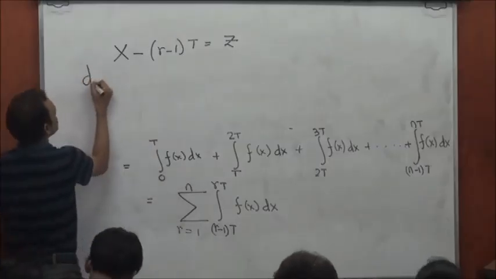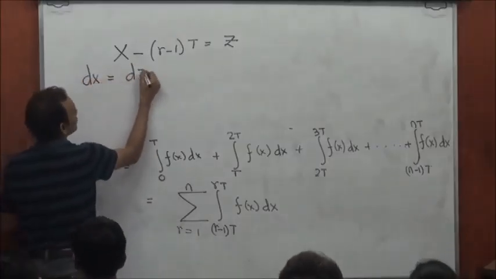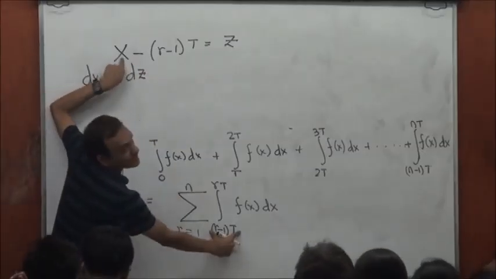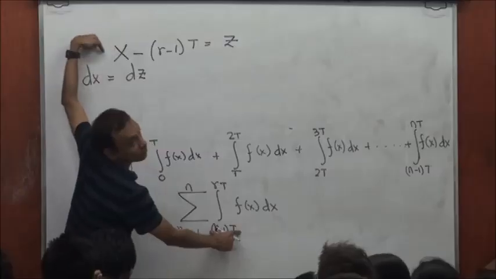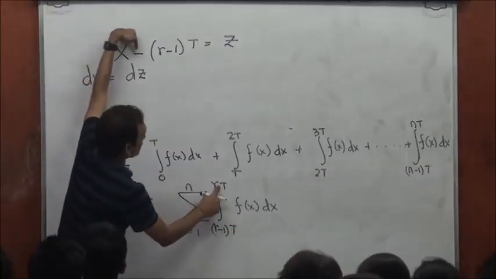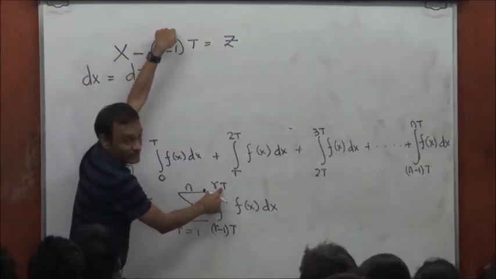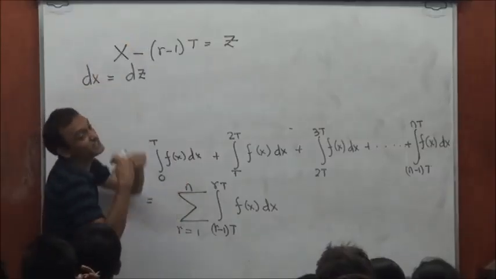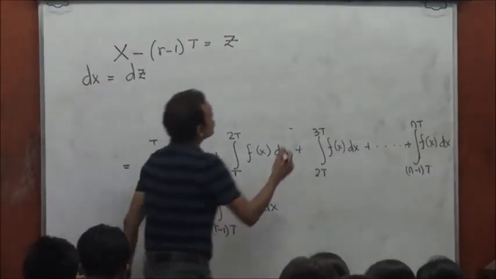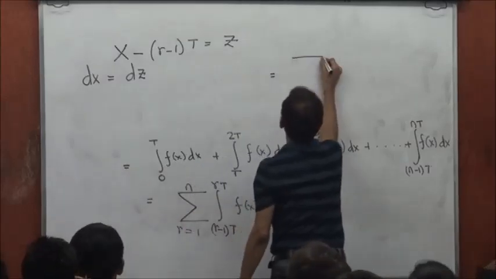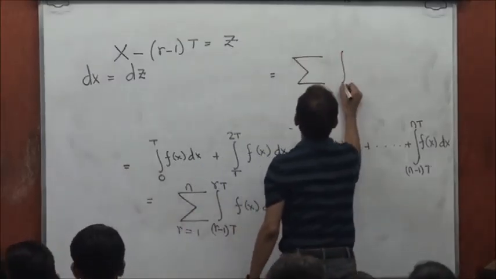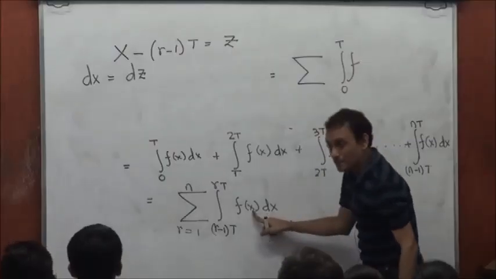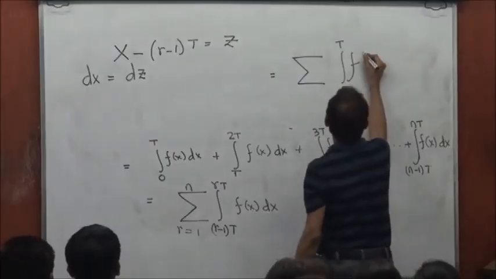So very clearly, dx will be the same as dz. Yes or no? Now when x is (r minus 1) times T, z is 0. When x is rT, z is T. So the new limits of integration in terms of the new variable z would be 0 to T. So this whole thing is summation of integral 0 to T of f(z plus (r minus 1) times T).